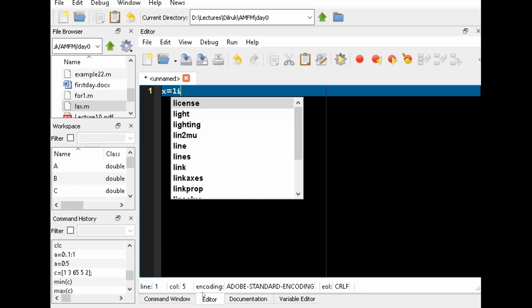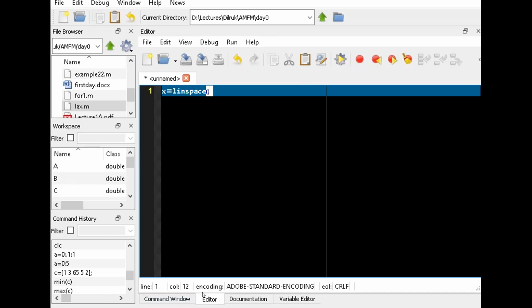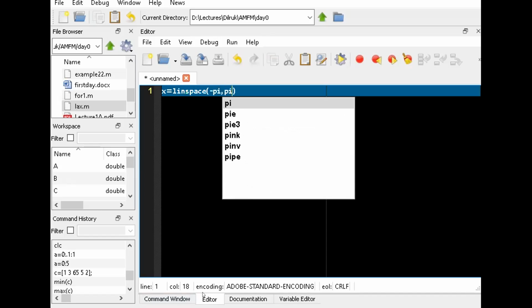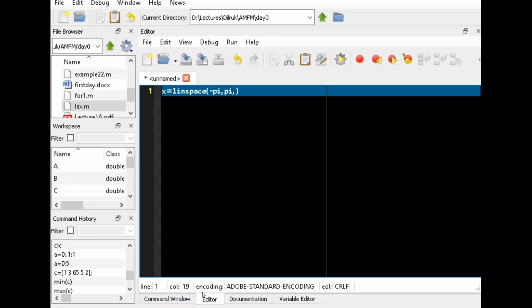Yeah, let's discretize with linspace. Starting point, minus pi, and the end point plus pi, and the number of points. Remember, the number of points is what I want to include in between minus pi and plus pi.